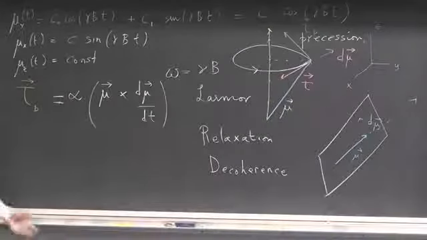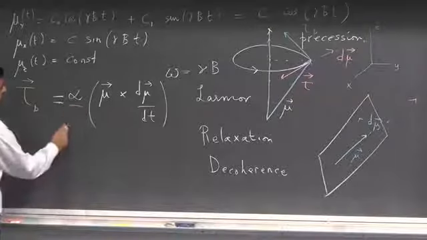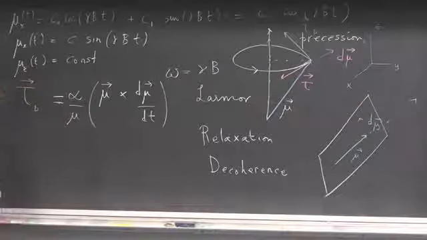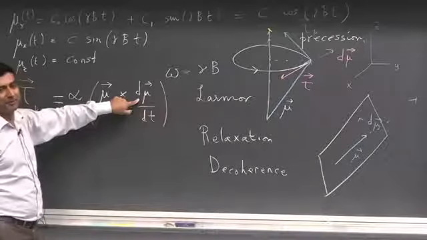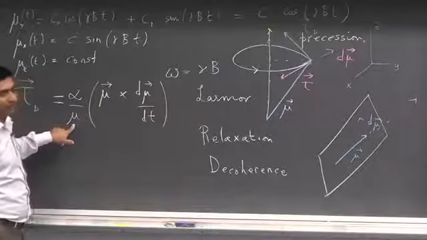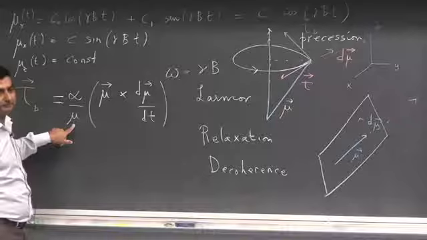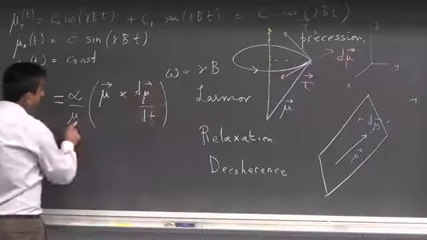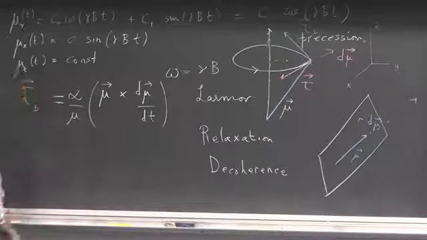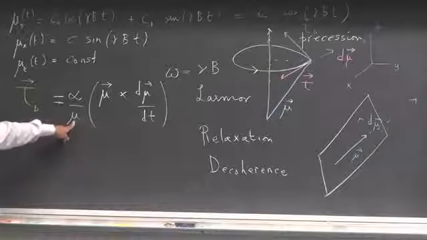It's a dimensionless number, but it can only be dimensionless if you divide this by the magnitude of the moment mu, because you have a mu here and a d mu here, so the numerator is proportional to mu squared. So you would like to put a mu here as well. In other words, d mu over dt divided by mu has the same dimensions as the magnetic field. So for dimensional consistency, you have to put this mu in here.